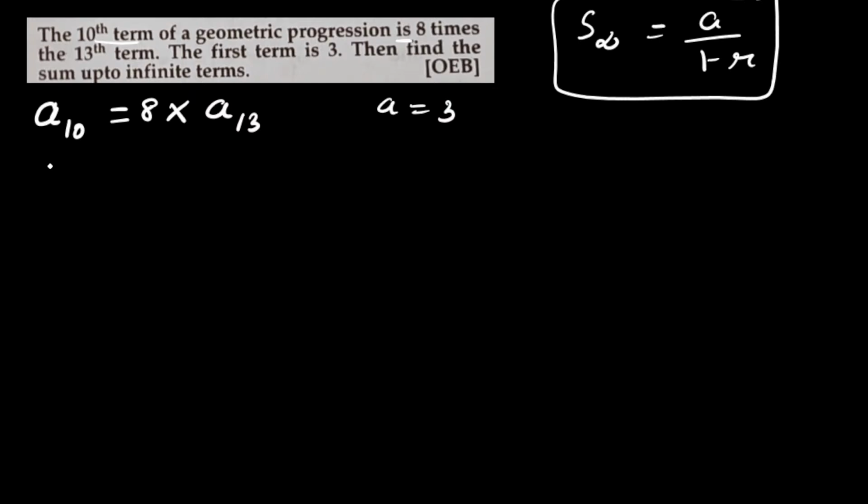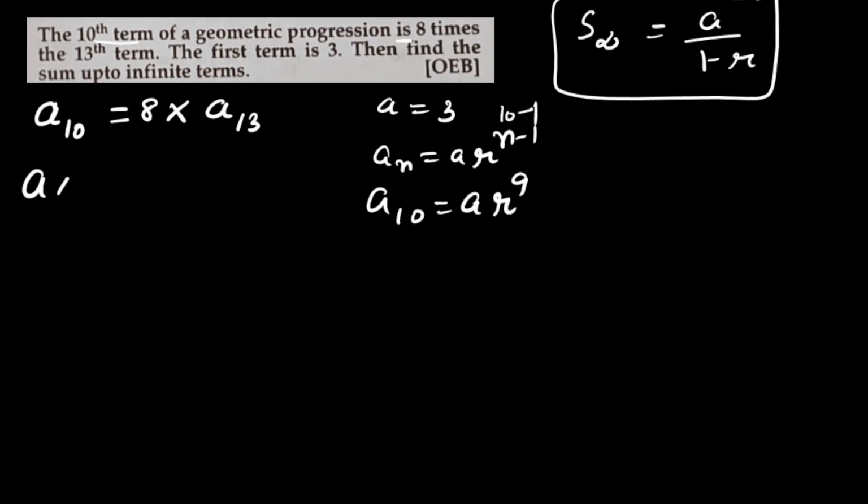So we'll now do A10's formula. AN's formula we know: the formula of AN is A into R to the power n minus 1. Here n's value is 10, so A10's formula is A into R to the power 10 minus 1, because we are substituting n as 10. 10 minus 1 is 9, so A into R to the power 9.